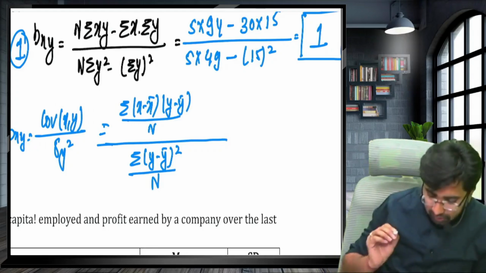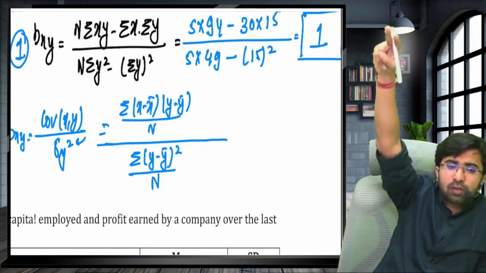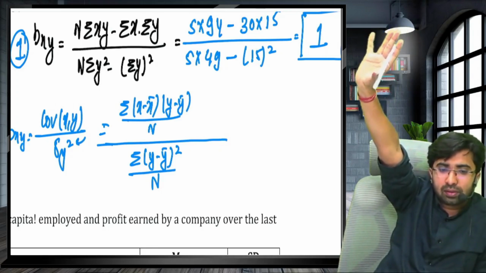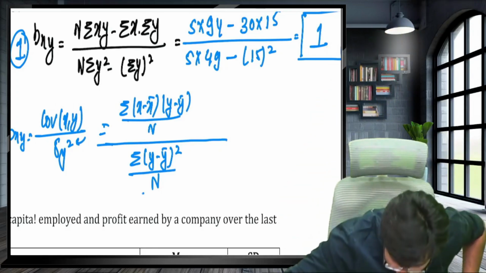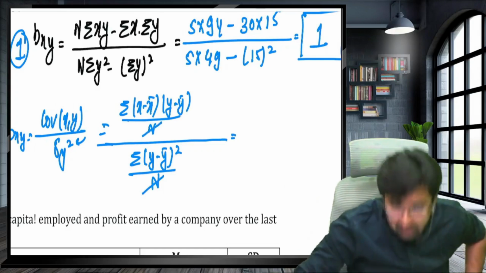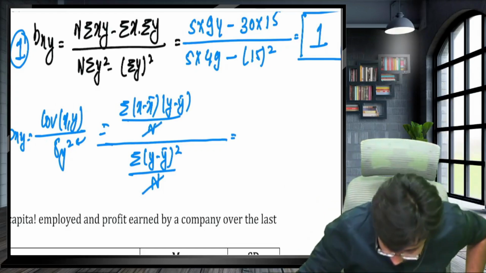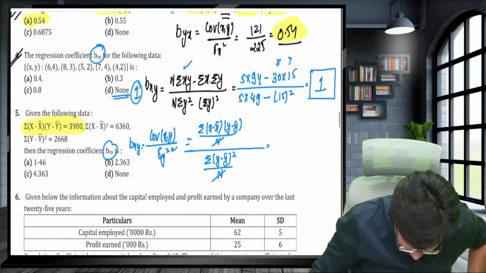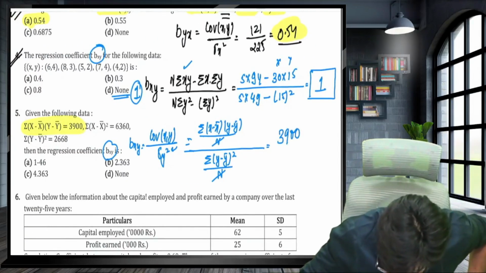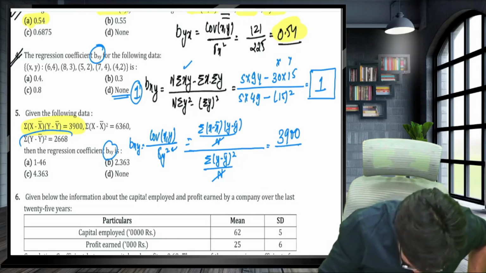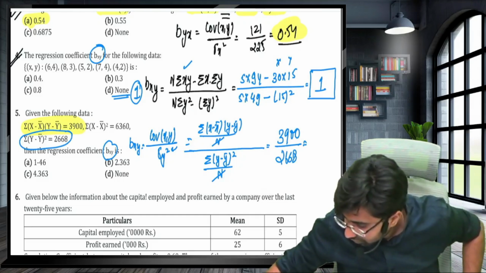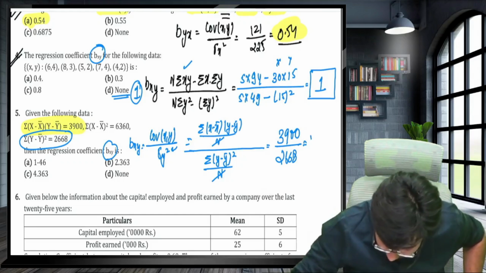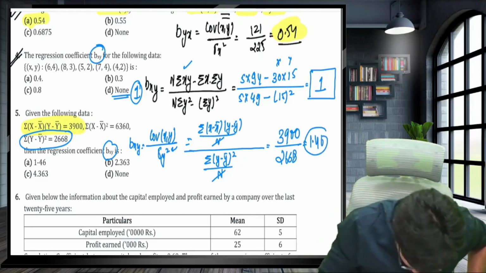Say yes or no. Now n cancels, I don't need n. This will be summation of x minus x bar into y minus y bar, that is 3900, divided by summation of y minus y bar whole square, that is 2668. 1.46. Option A.